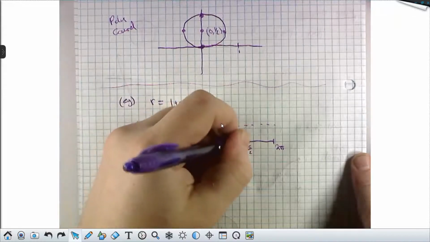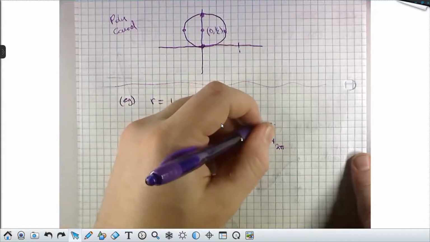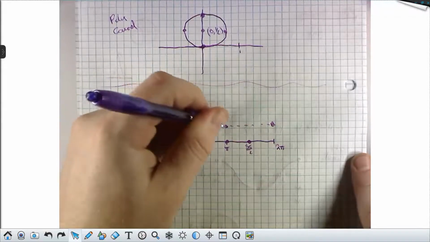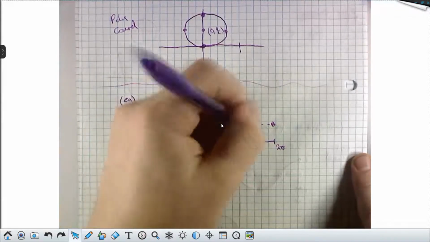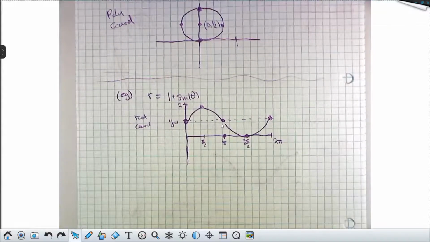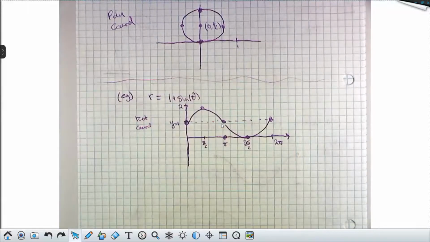By 3 pi over 2, when sine of theta is negative 1, we'll have an actual x-intercept. And then over here. So here's our sine wave. And we can transfer this over into polar coordinates, just like we've done for the rest of these.